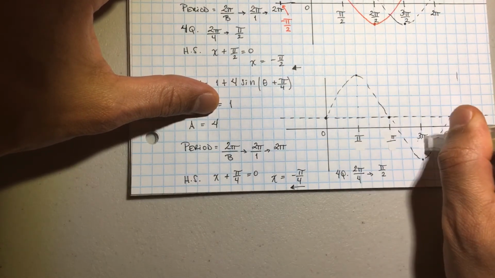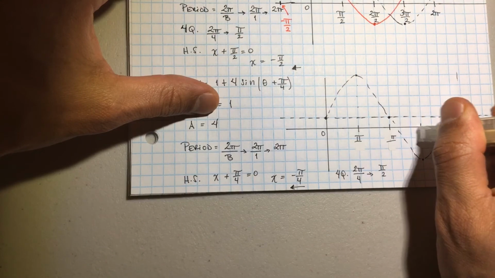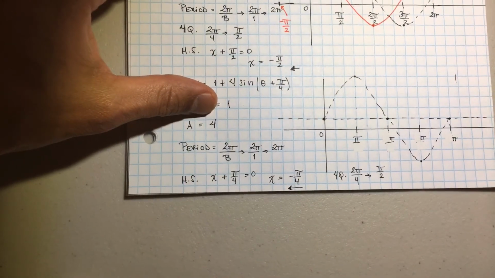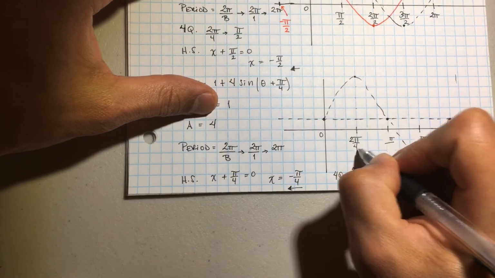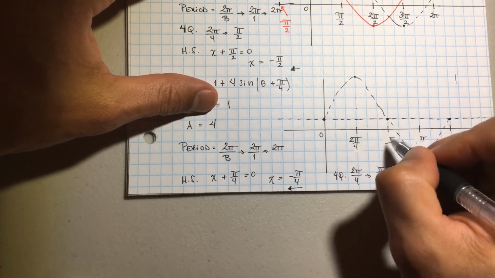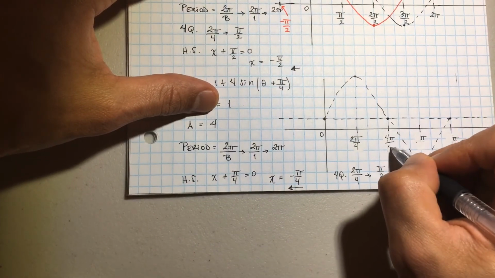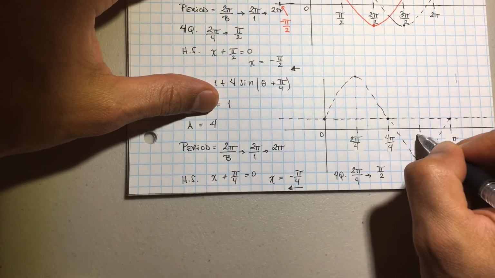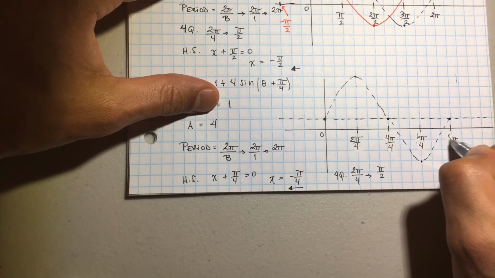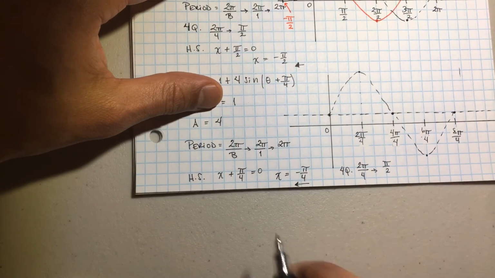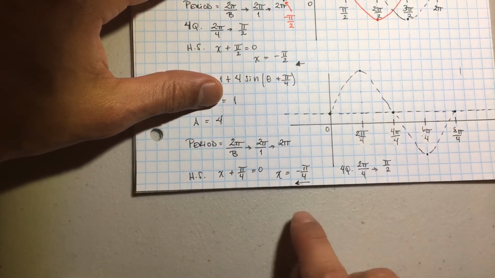So watch this. Pi over 2 is the same thing as 2 pi over 4. This guy becomes 4 pi over 4. This guy becomes 6 pi over 4. And this guy becomes 8 pi over 4. See how I changed it into the same denominator?